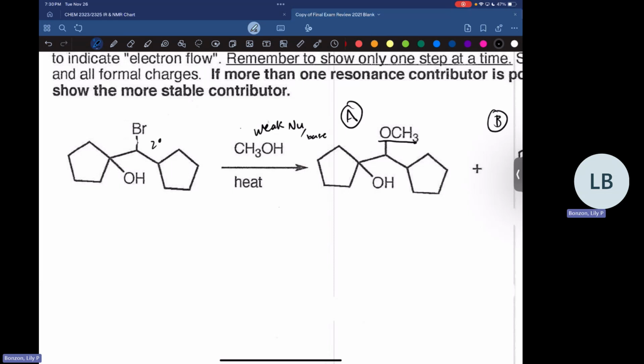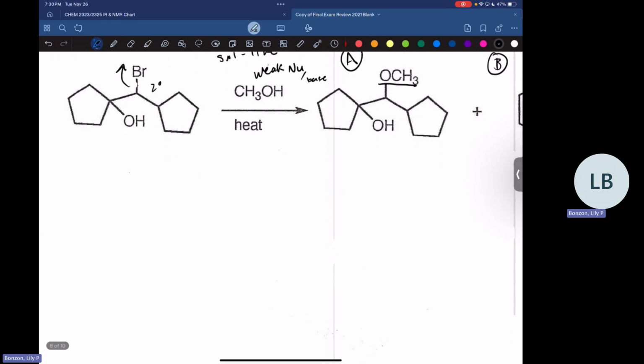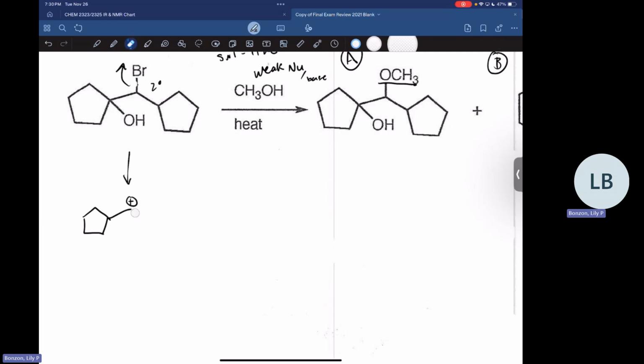So this one is going to be SN1-like, and for SN1 reactions, our leaving group just leaves for the first step. So we're going to have essentially the same structure, except we're going to have a carbocation at the position where the bromine was. Our OH will be there.